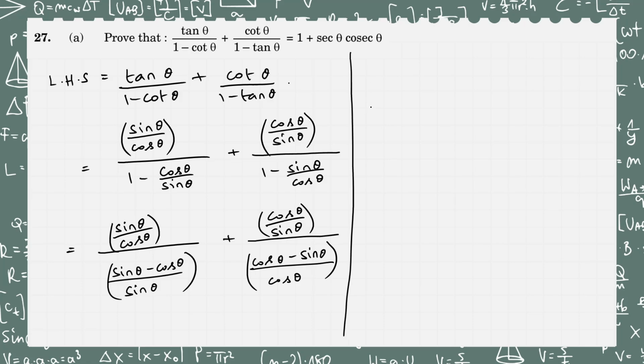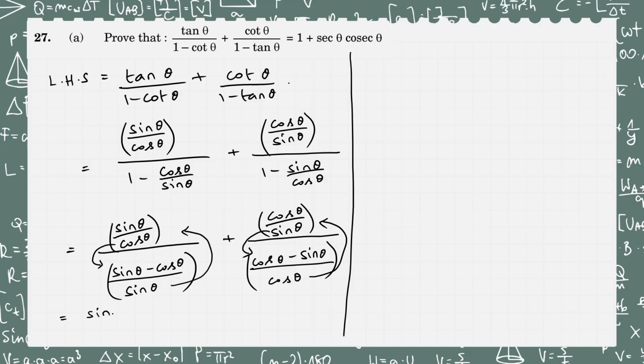Let's proceed further. Now what we have to do is we can reciprocate the fractions and multiply them, right? So this cos theta comes to the denominator and this sin theta goes to the numerator. Same way this sin theta comes to the denominator, this cos theta goes to the numerator.